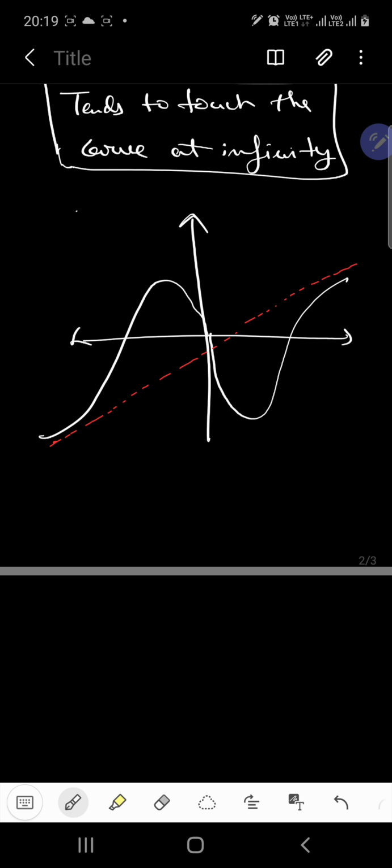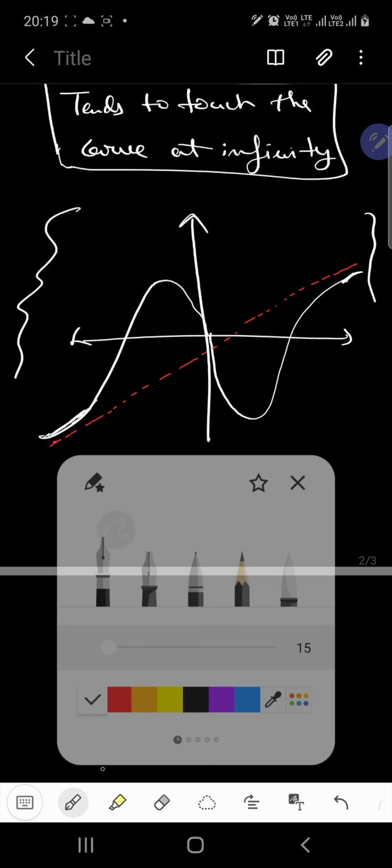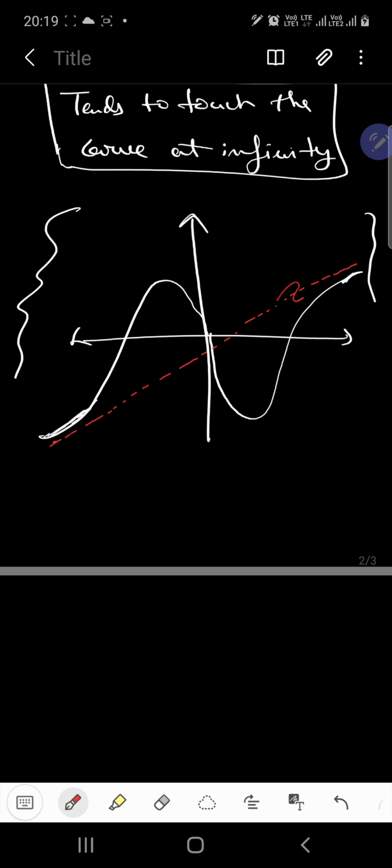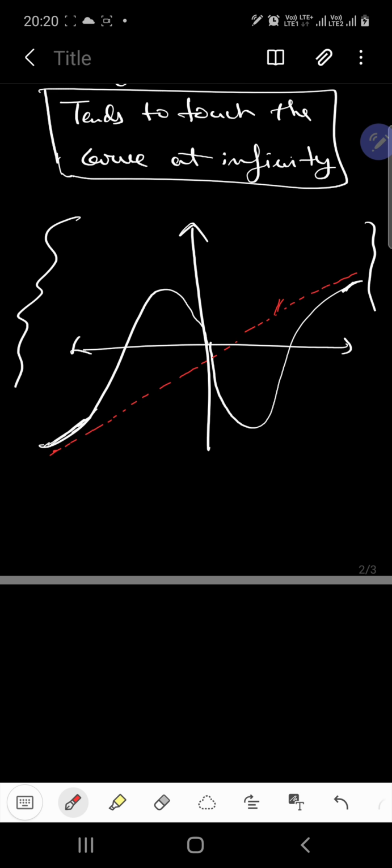If we consider this region to be a finite region, then the extremities of the curve in it are these two points. So we can draw a line, the red line given here, so that it tends to touch the curve at both the extremities at infinity, and such a line is known as an asymptote.